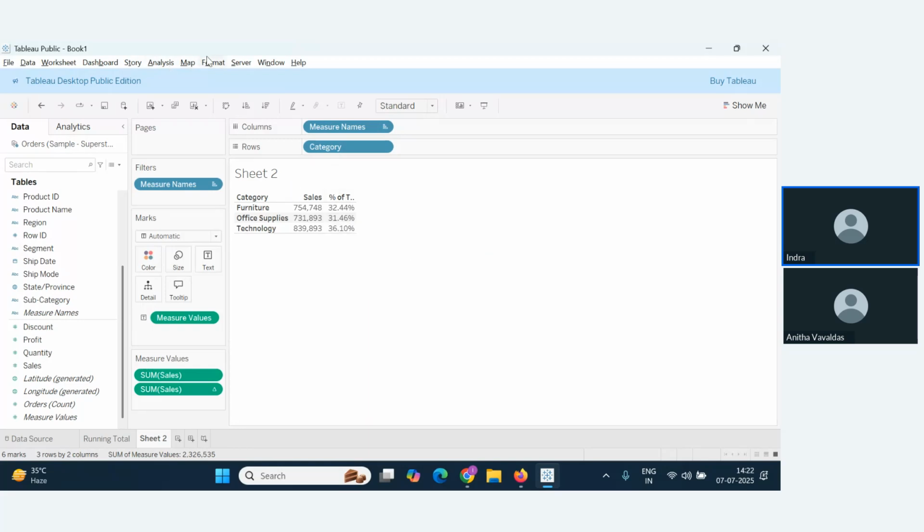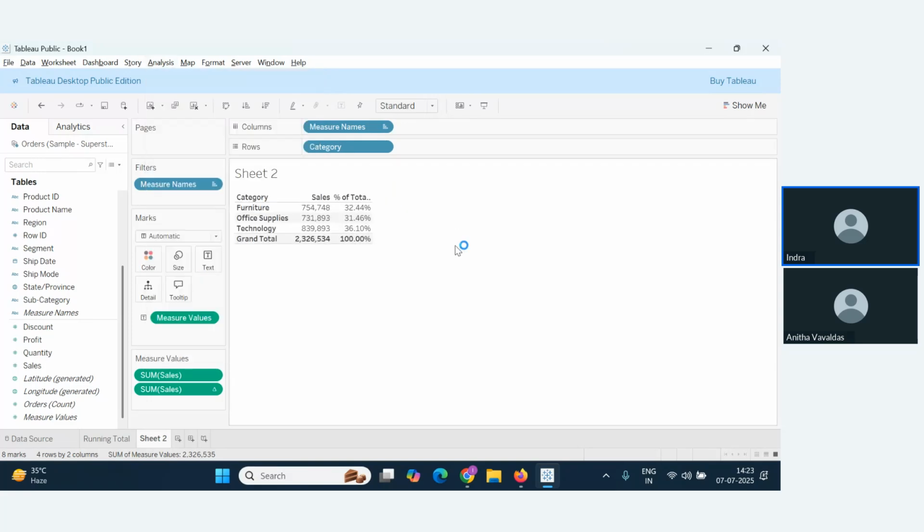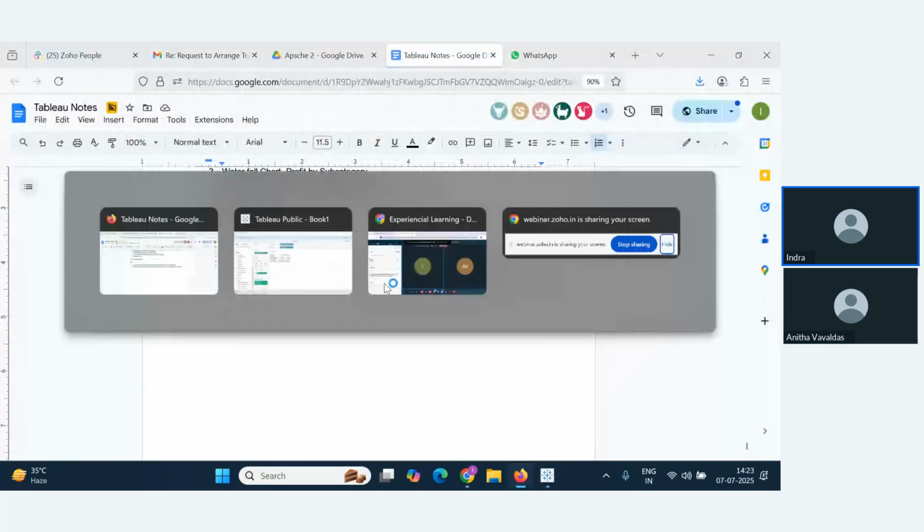This is the sales value. This is the percentage value. If you go to analysis and click on column rank, this is the overall percentage. In the total sales, this is the percentage contribution from furniture. This is the percentage contribution from office supplies, and this much, 36%, is the contribution of small.